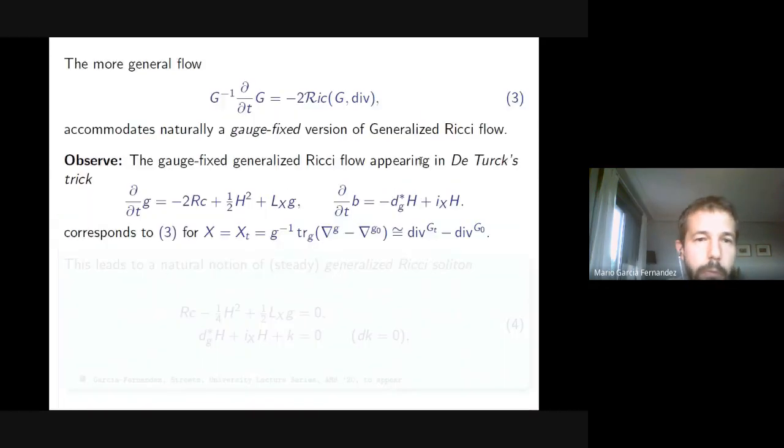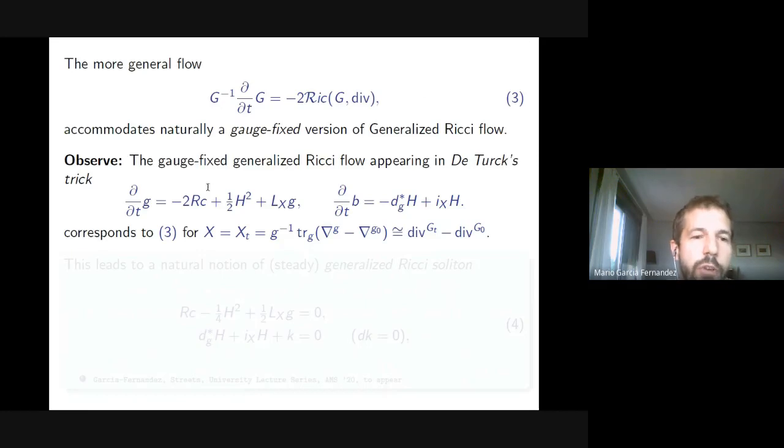Well, the more general flow for arbitrary divergences keeps track of natural gauge-fixed versions of generalized Ricci flow, where the gauge fixing is now given by automorphisms of the Courant algebroid, so if you want, generalized diffeomorphisms. And there is an interesting comment here. You see that even bits in the theory of Ricci flow appear or accommodate naturally into this picture.